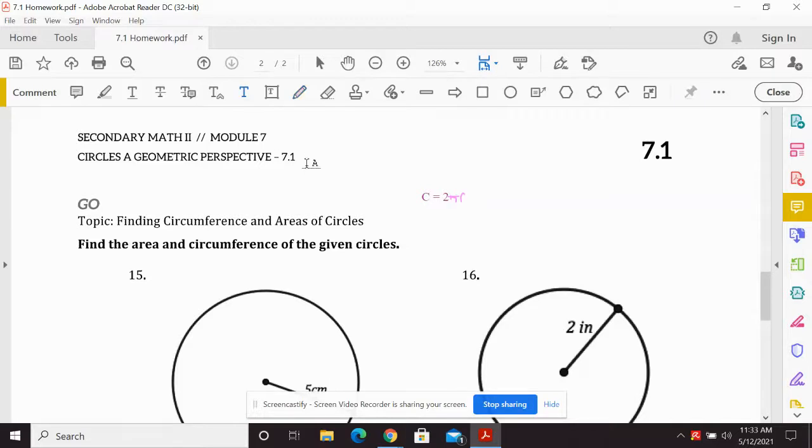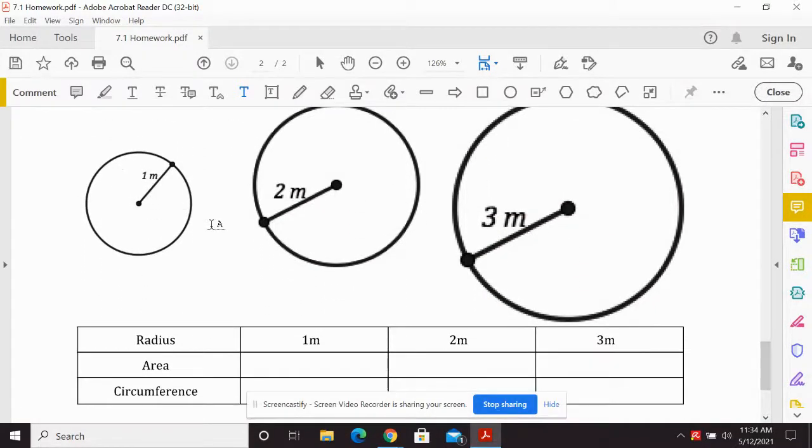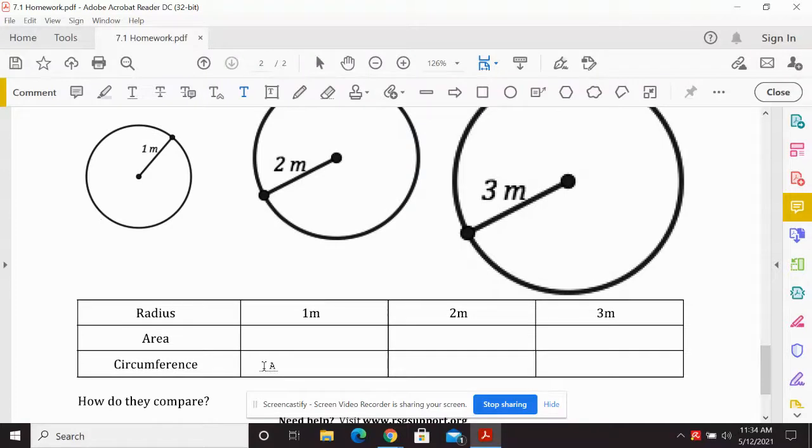So it's 2 times pi times the radius. The radius is 1. So your circumference is 2 pi r, so it would just be 2 times pi times 1, which is just 2 pi. We're going to leave pi as pi. We're not going to multiply by 3.14.